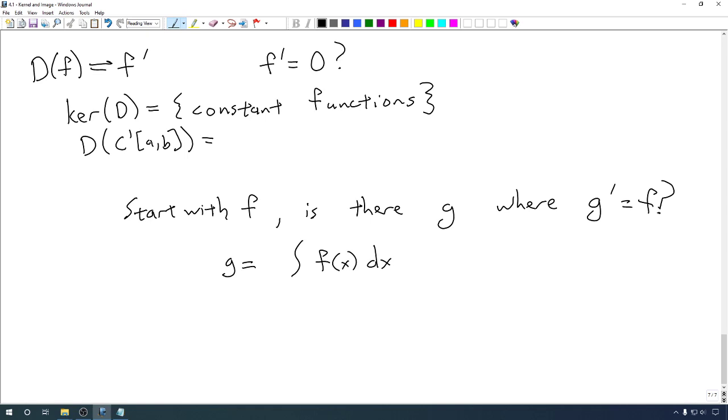But we can always integrate any continuous function, and that integral will turn out to be a differentiable function. So in fact, yes, we can. Every function that is continuous is the derivative of some other function. And so this is an example where the range is everything.